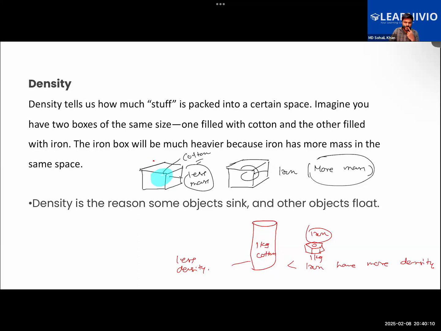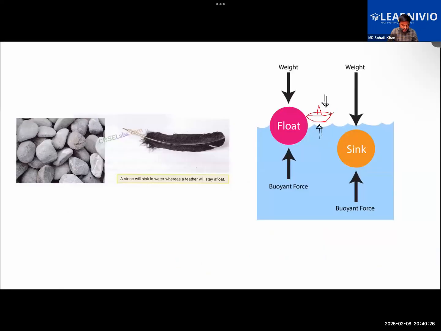First it will float, but then it will sink because it will absorb water. Exactly. It will absorb water, become heavy, and then sink. You will see that a stone will sink while a feather will not sink very easily. It will float for some time because of the difference in density.